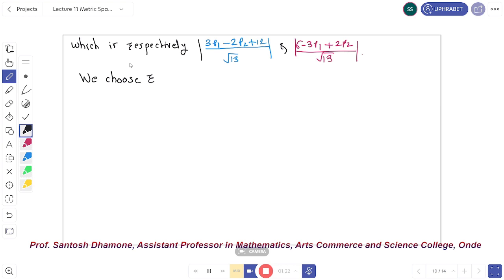Similarly, modulus of y2 - p2 is less than r, and this implies that -r < y2 - p2 < r. This implies that p2 - r < y2 < p2 + r.